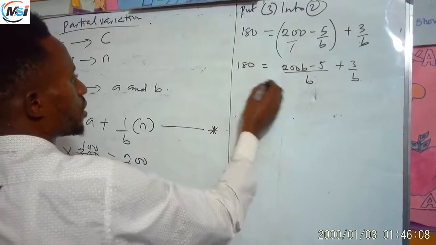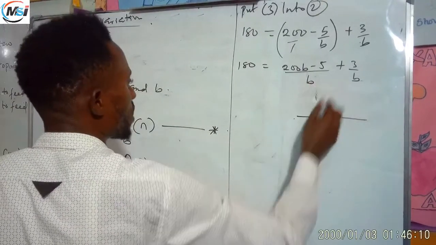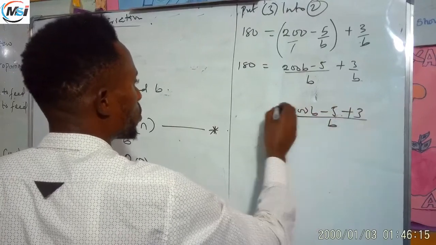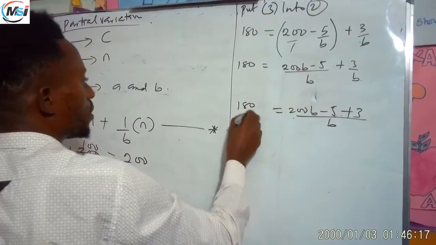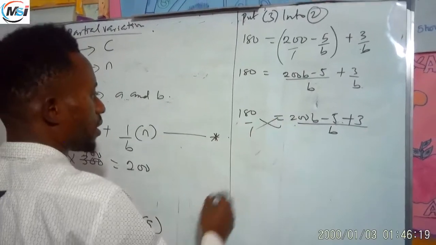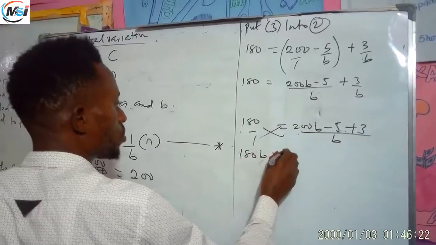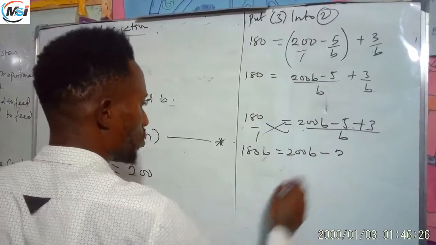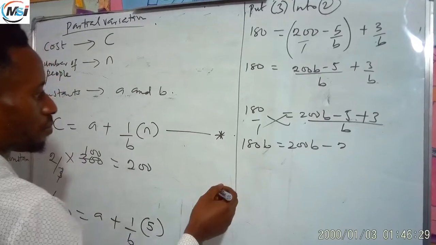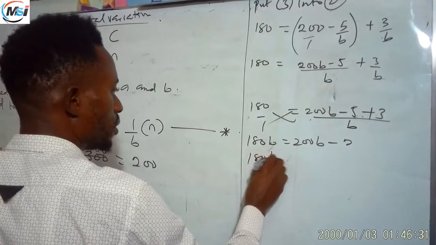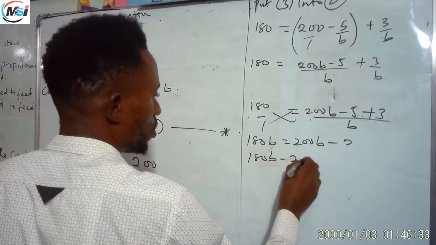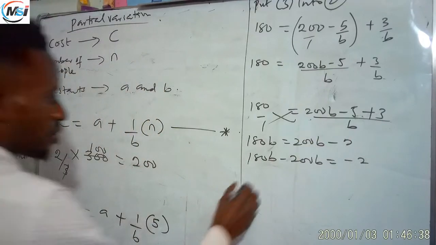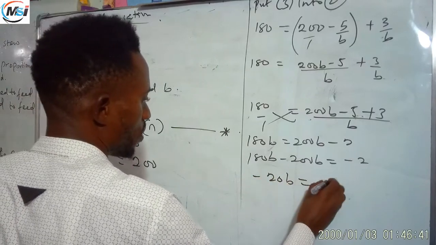Then 180 over 1, and you cross multiply. 180B is equal to 200B minus 5 plus 3, which will give you minus 2. Then you are going to have 180B minus 200B is equal to minus 2. Then 180 minus 200, you are going to have minus 20B is equal to minus 2.